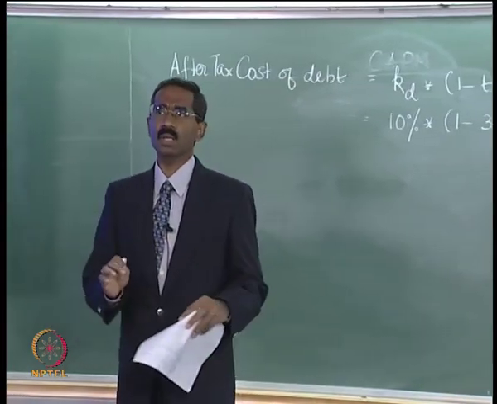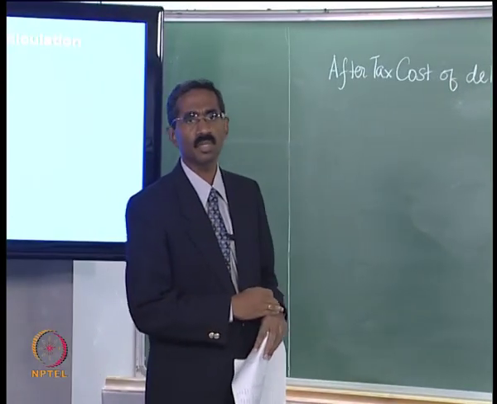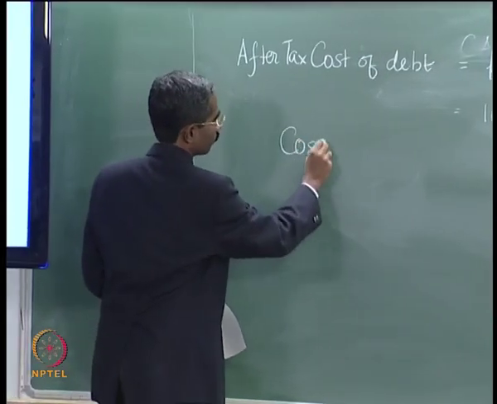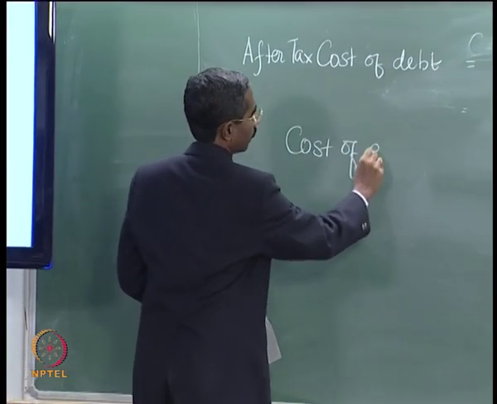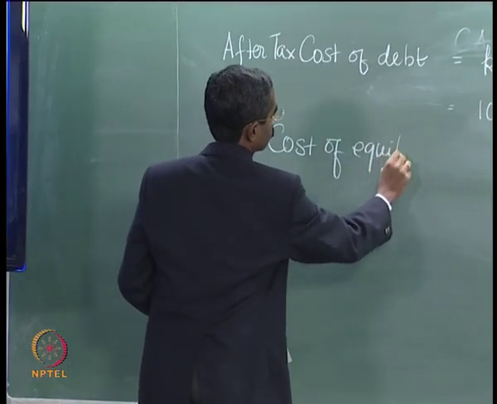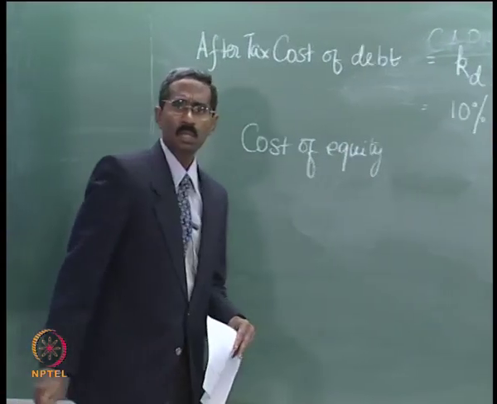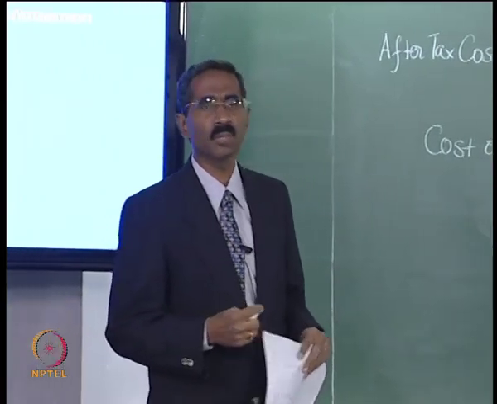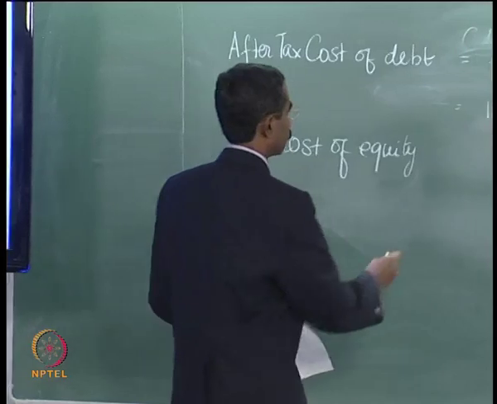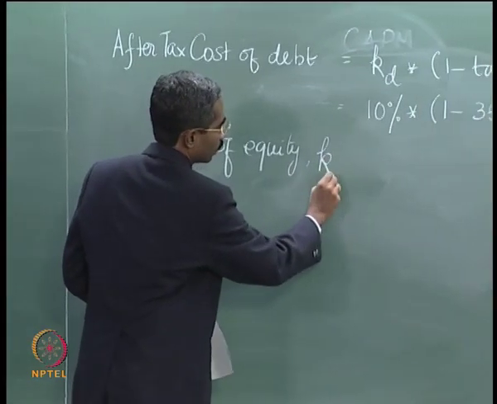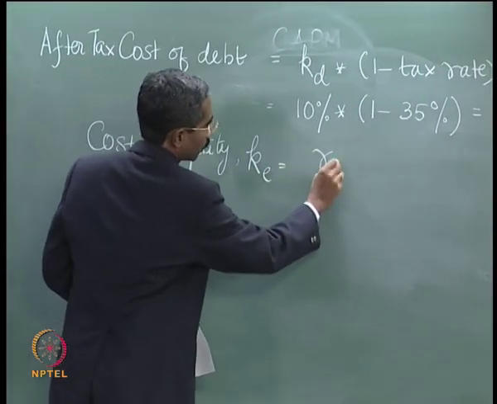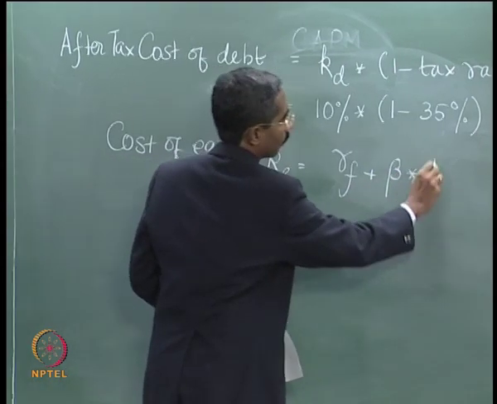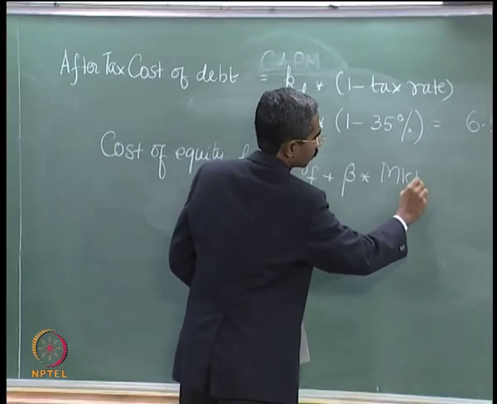Now we have determined the cost of debt. Let us now determine the cost of equity. So for cost of equity, we use the capital asset pricing model. So cost of equity KE is nothing but your risk free rate of return plus beta multiplied by your market premium.